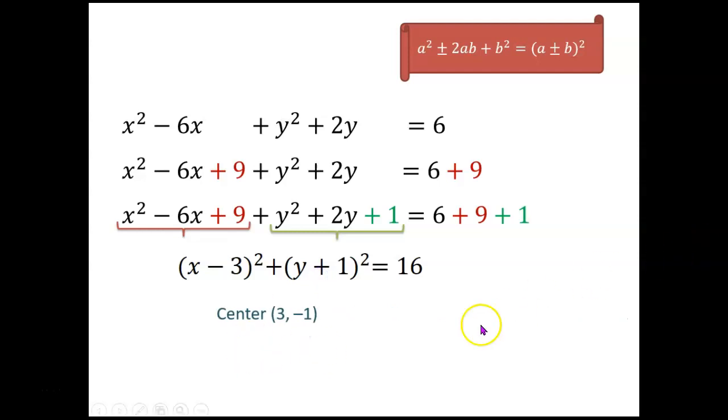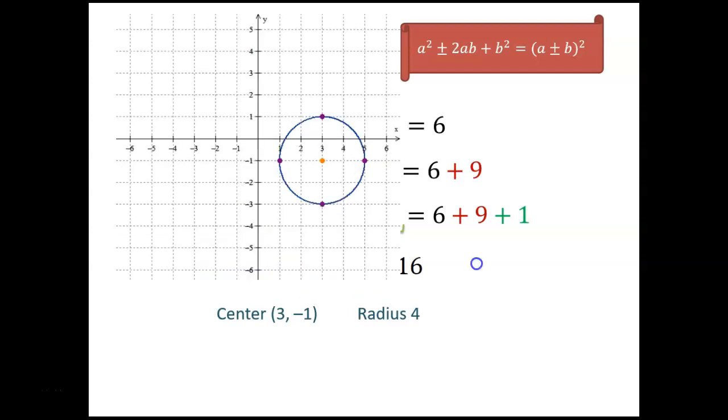So the center is the point 3, negative 1. And over here, the number in the place of r squared is 16. So r itself would be 4. So this would be a circle with its center at 3, negative 1 and a radius of 4.